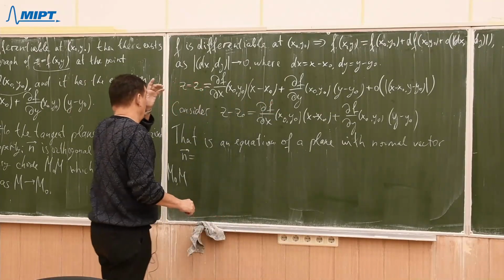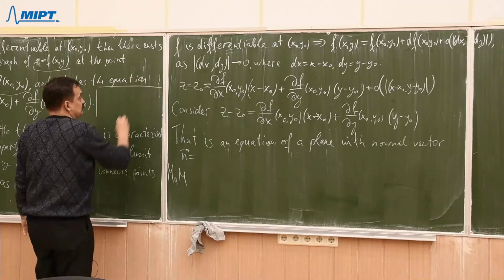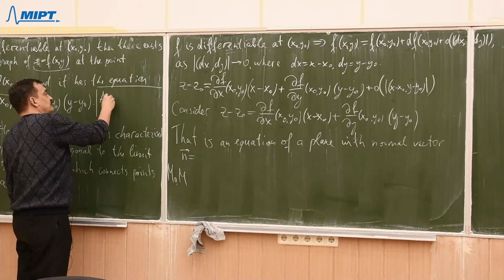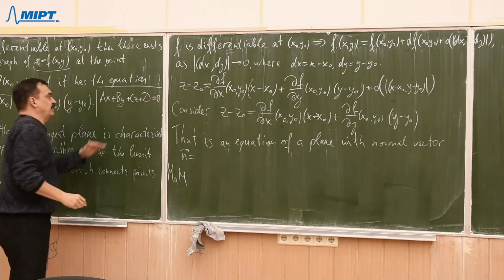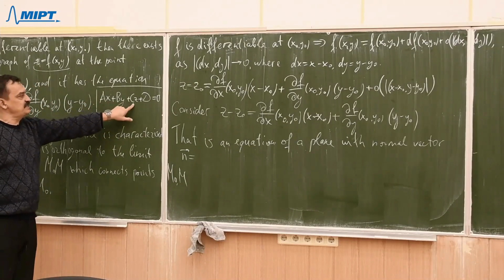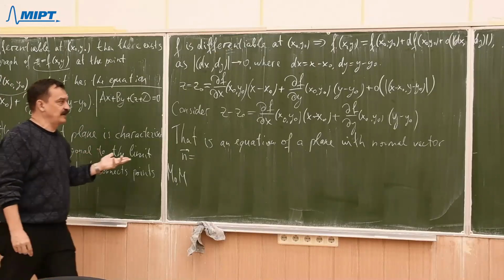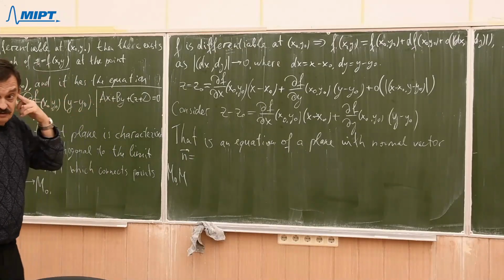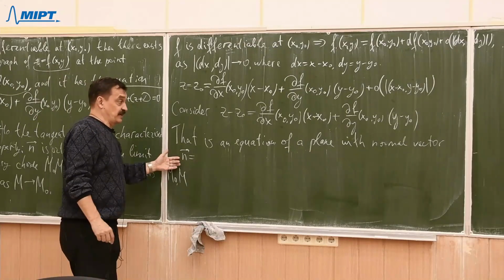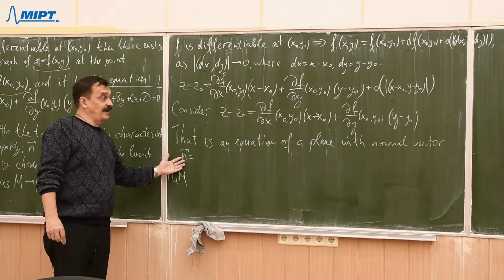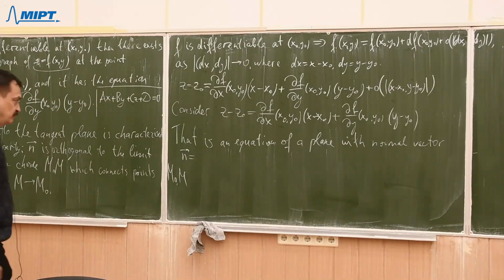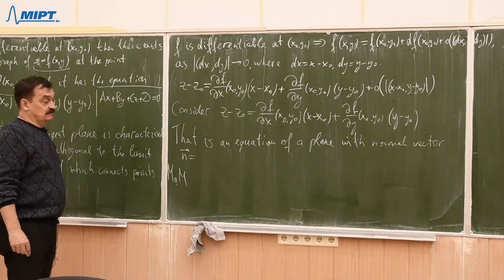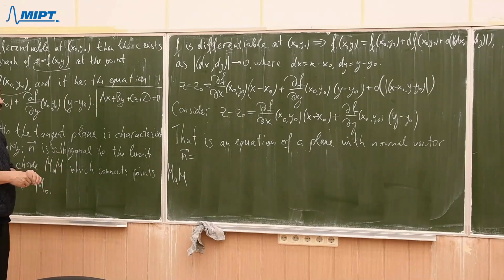So let me recall that in general, from analytic geometry, if we have a general equation of a plane like that, then A, B, C are coordinates of the normal vector, not normalized. I don't care about the norm of this vector. I know that usually n denotes a normalized vector, with norm equal to 1. Here it in general need not be of unit norm.